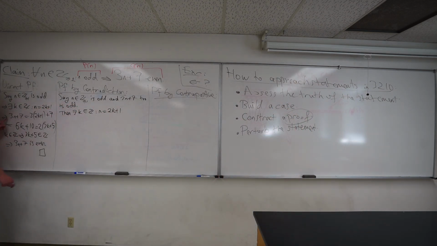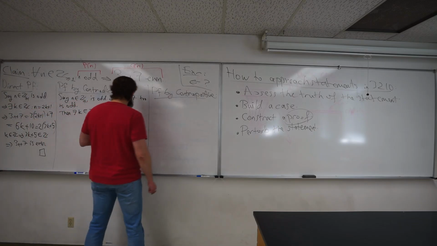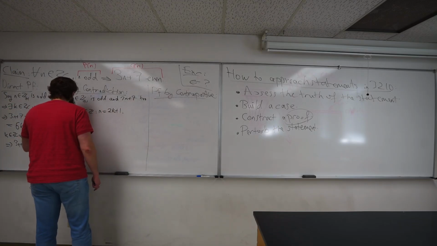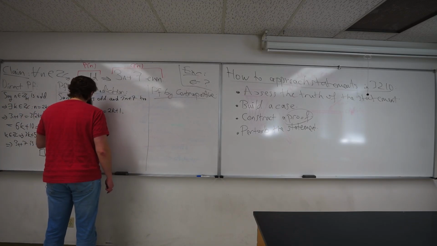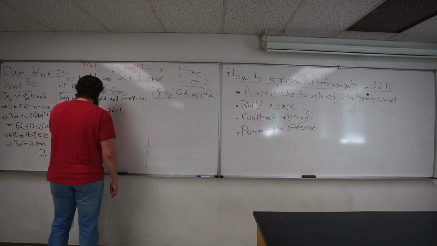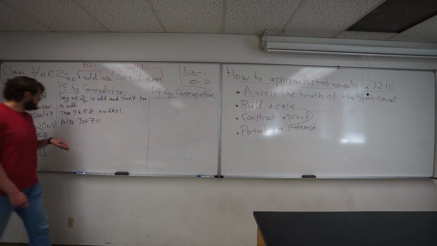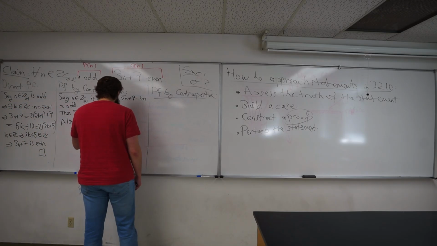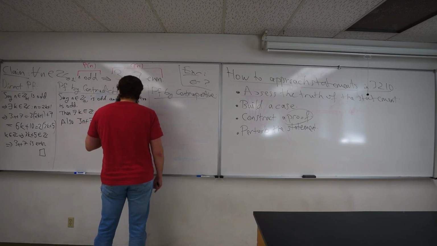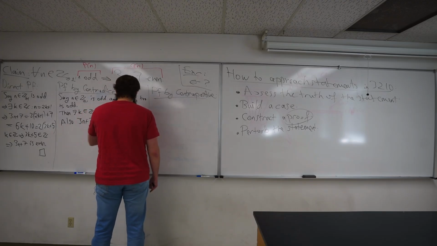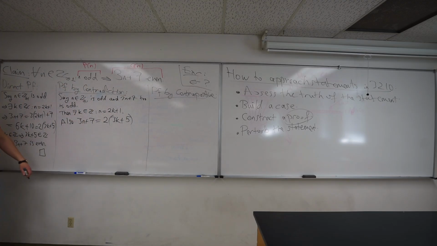But again, by using the same argument here, also 3n plus 7 equals, by the same calculation, this. In other words, 3n plus 7 is even.